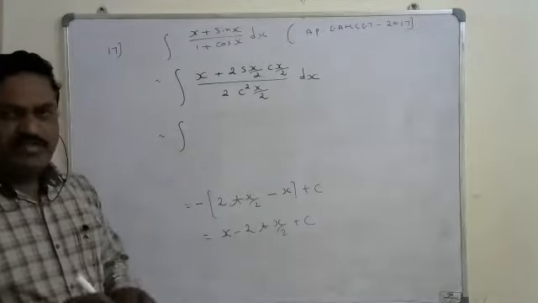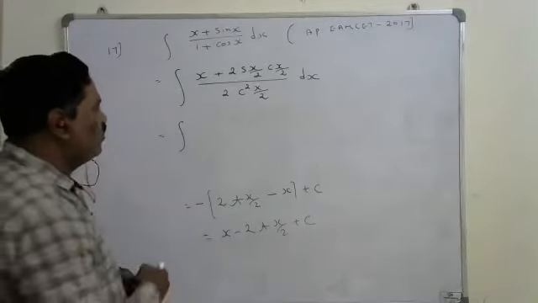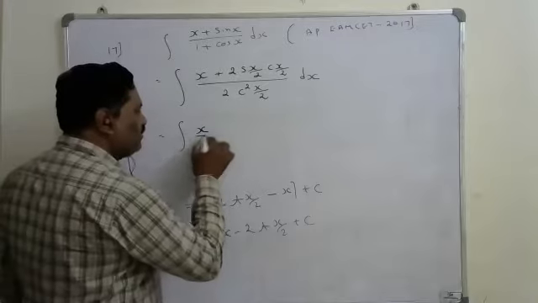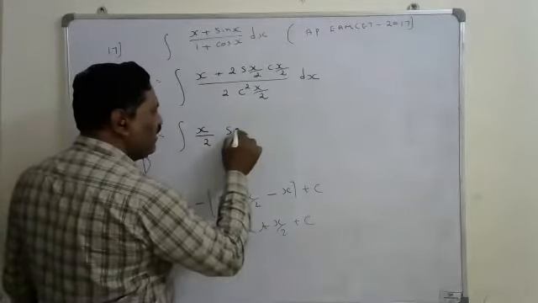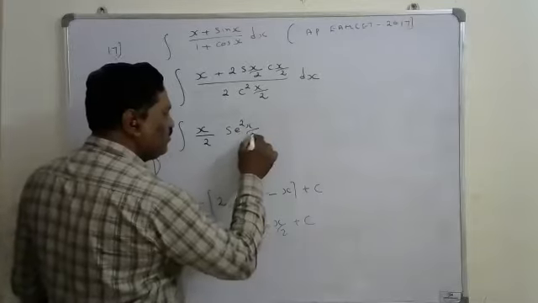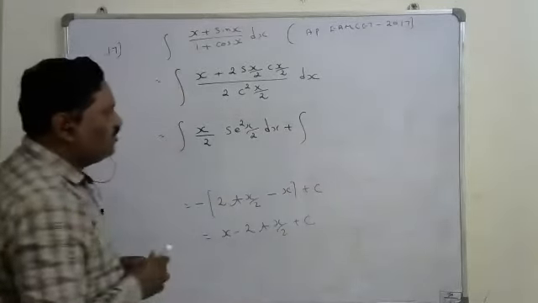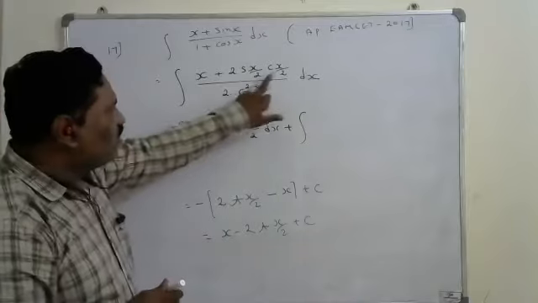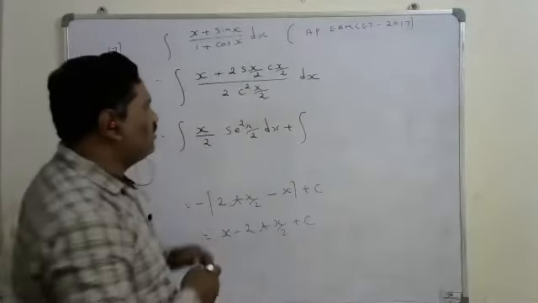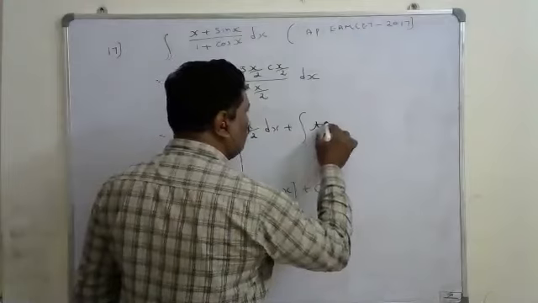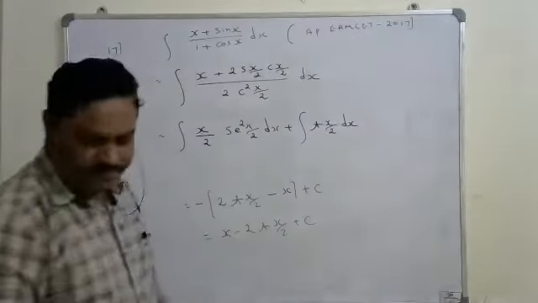The first term is x upon 2 cos square x by 2, which you can write as x by 2 into secant square x by 2 dx. This is one integration, plus the integral of the second one, where 2 and 2 get cancelled and cos x by 2 also gets cancelled, sin by cos, which is tan x by 2 dx. This is the remaining.